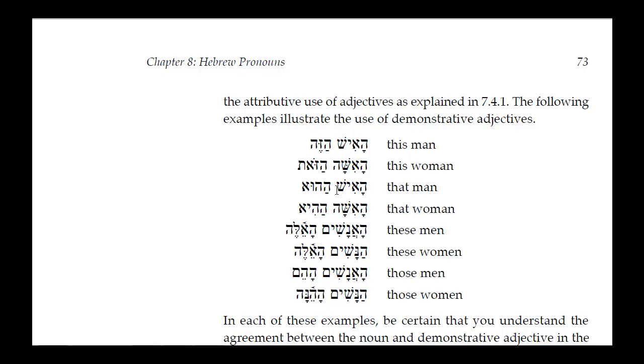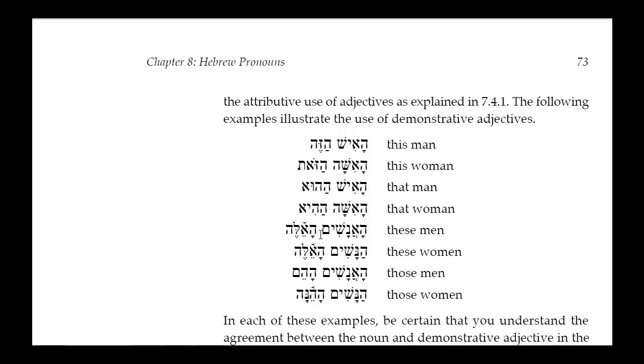And so the demonstrative hahu agrees with ha'ish in gender, number, and the definite article. That woman, ha'ishah hahi. Hahi is the demonstrative adjective that agrees with the noun in gender, number, and definite article.